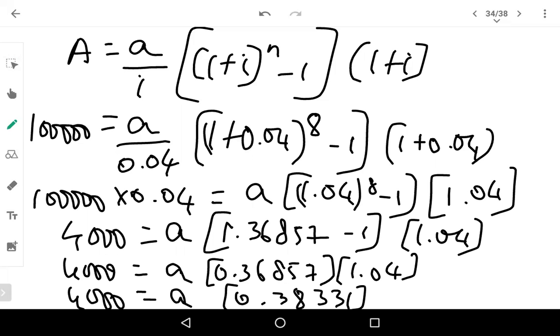Okay, how did I get this 0.38331? I multiplied 0.36857 into 1.04. That will give us 0.38331. Now A is equal to 4,000 divided by 0.38331. That will give us the annuity amount.